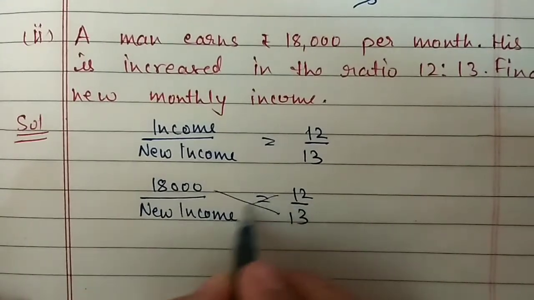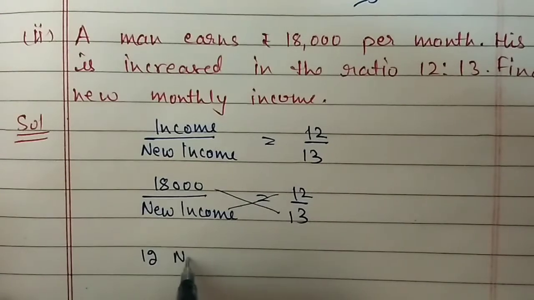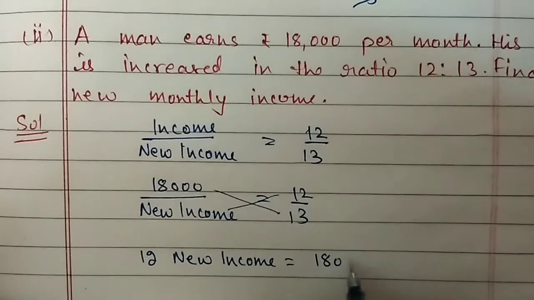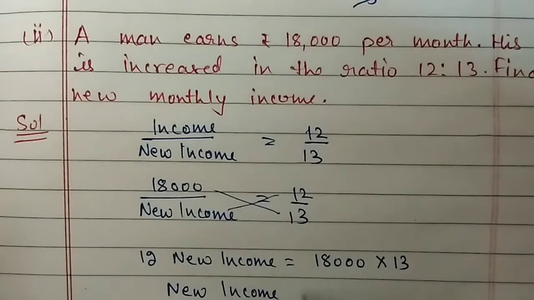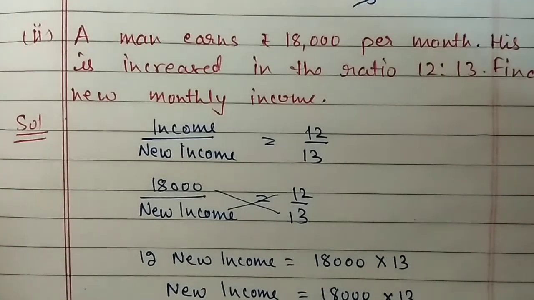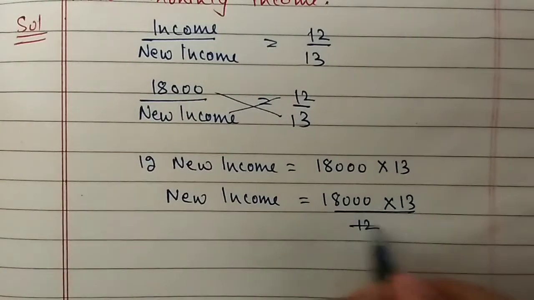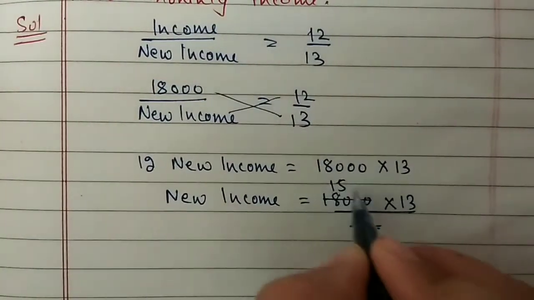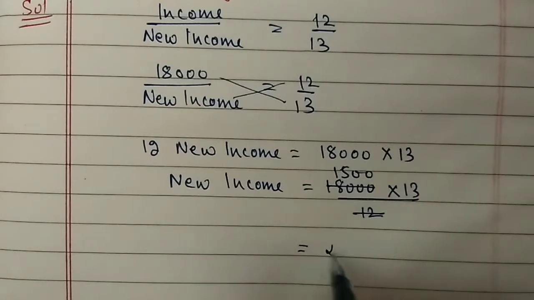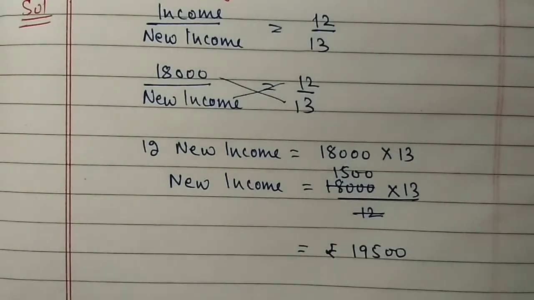You can cross multiply. 12 into new income is equal to 18,000 into 13. Shift 12 to the other side. New income will be, cancel it with the 12 table: 12 1s are 12 and 12 5s are 60, and 2 zeros as it is. After this you can multiply. New income will be 19,500.